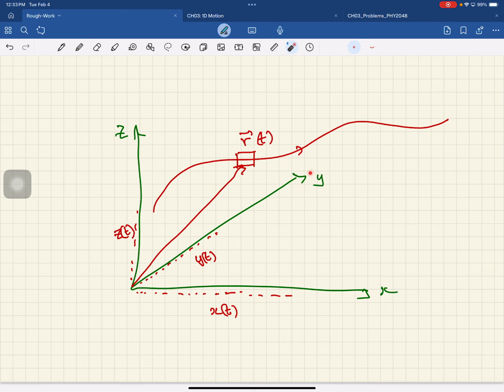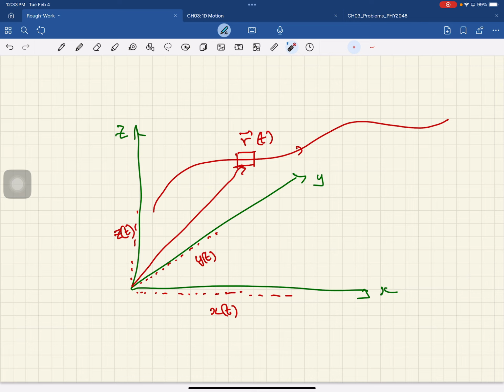Whether you fire the jet or not, the motion along the y and z axes is not affected. So that's a way of saying that the motion along each axis is independent of the others.